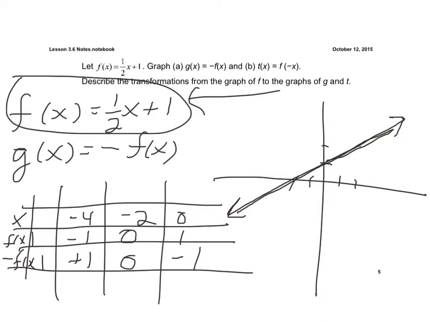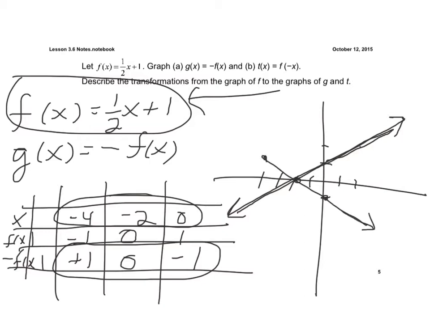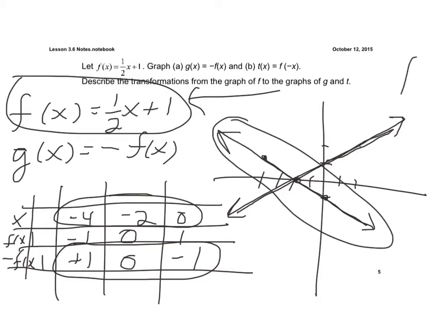Now I graph my other points, with these as my x values and these as my y values: -4, +1; -2, 0; and 0, -1. As you notice, this line is a reflection of that one over the x-axis.